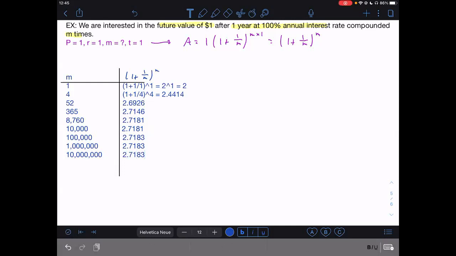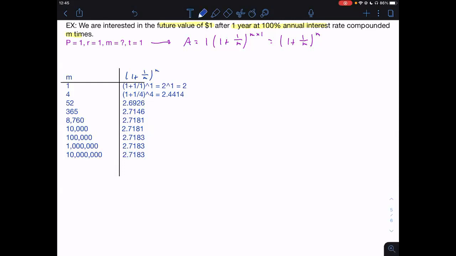Okay, in other words, we're reaching a ceiling here. We're reaching a threshold, a limit for this function of 1 plus 1 over m to the m power.